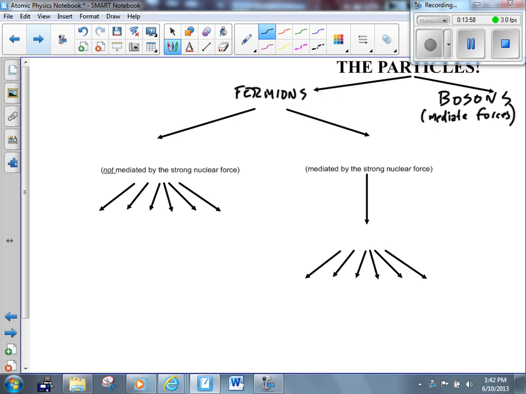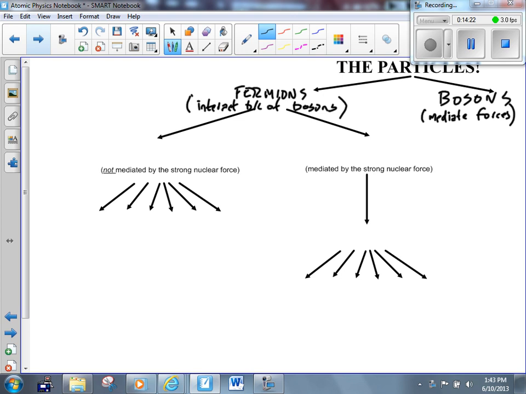Bosons mediate forces. The fermions are the particles that interact because of the transfer of bosons. So the bosons are these particles that allow fermions to interact with each other.